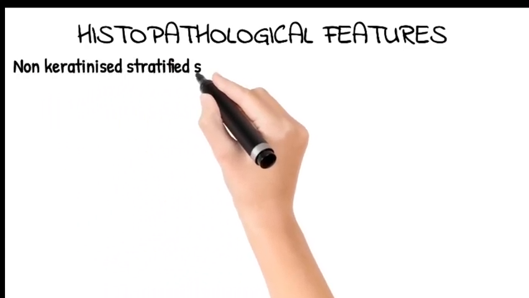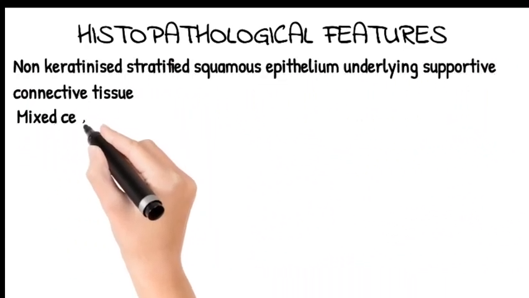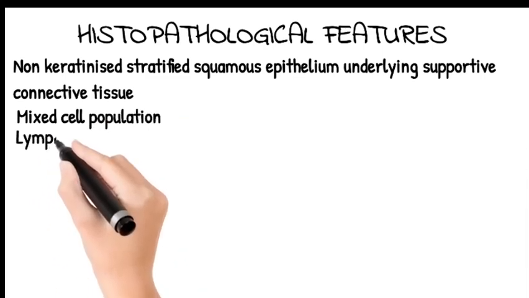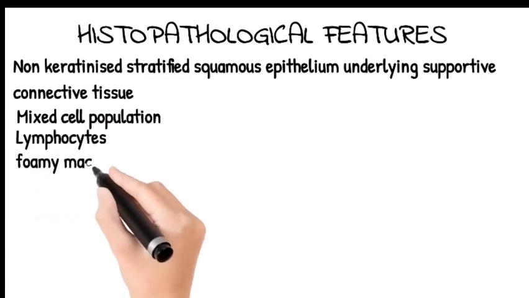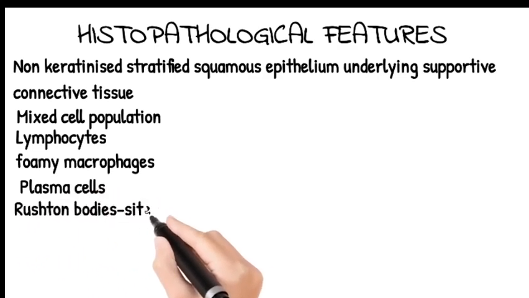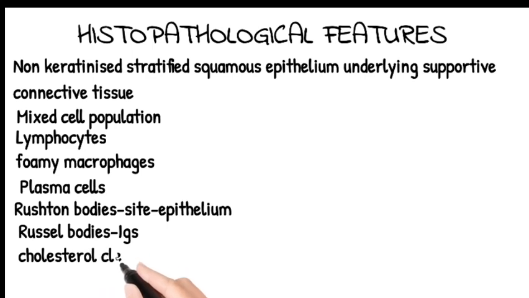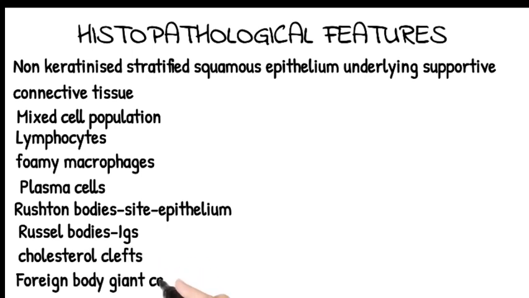The histopathological features are a non-keratinized stratified squamous epithelium underlying supportive connective tissue. There will be a mixed cell population. Lymphocytes are present; as we discussed in the pathogenesis, there will be the release of inflammatory exudates, that is our lymphocytes. Lymphocytes are inflammatory cells.